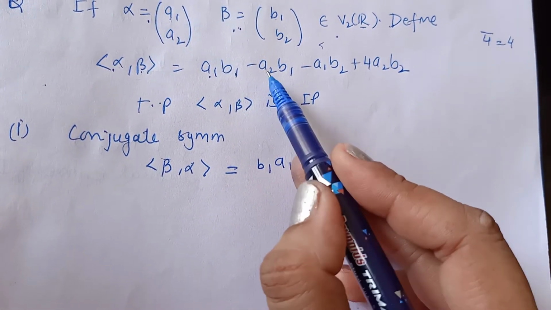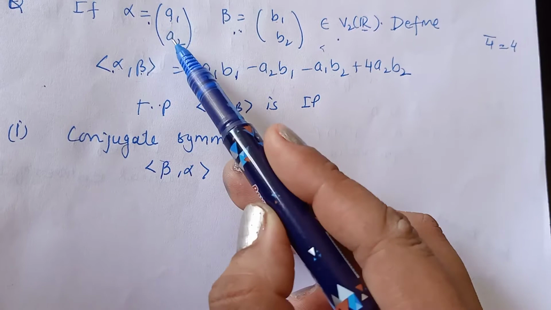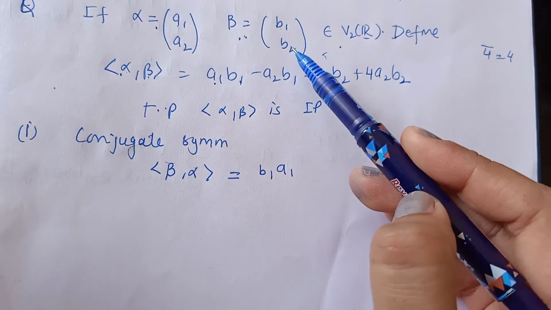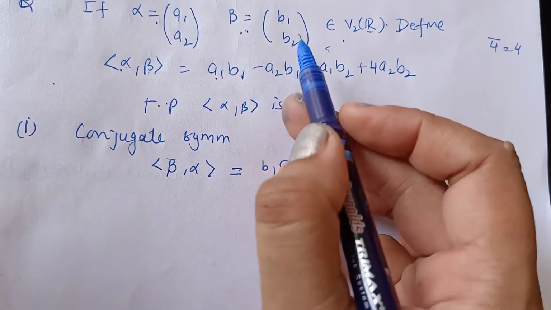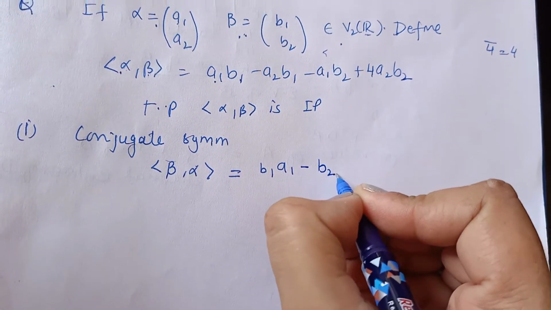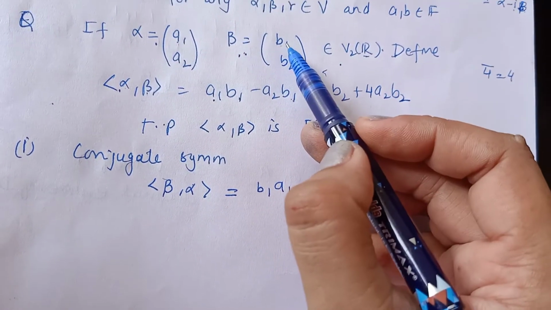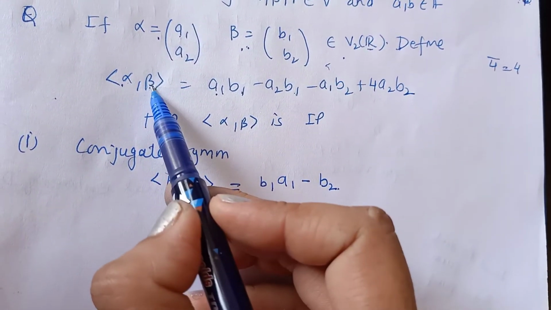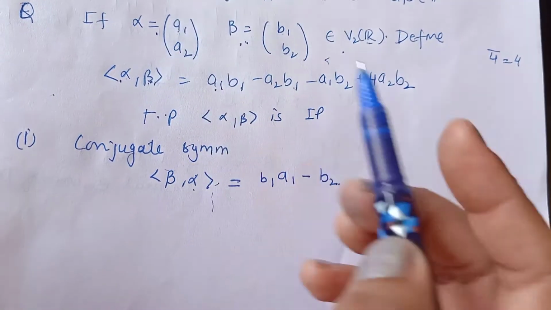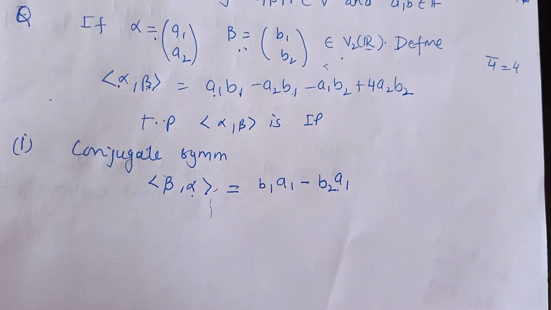Similarly, what was a2? a2 was the second coordinate of the first vector. Now the first vector is beta, so the second coordinate of the first vector is b2. What was b1? b1 was the first coordinate of the second vector. Now the second vector is alpha, so the first coordinate of the second vector is a1.